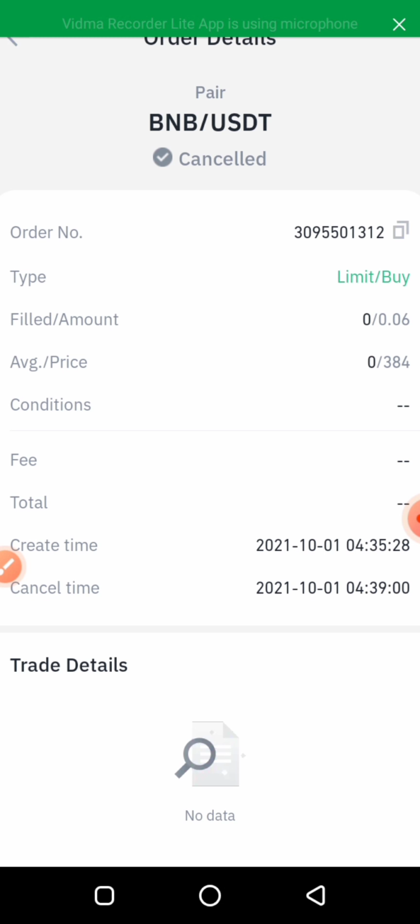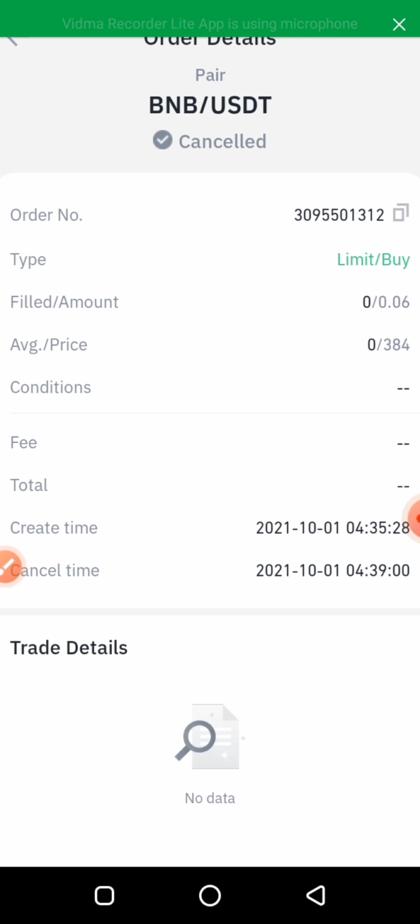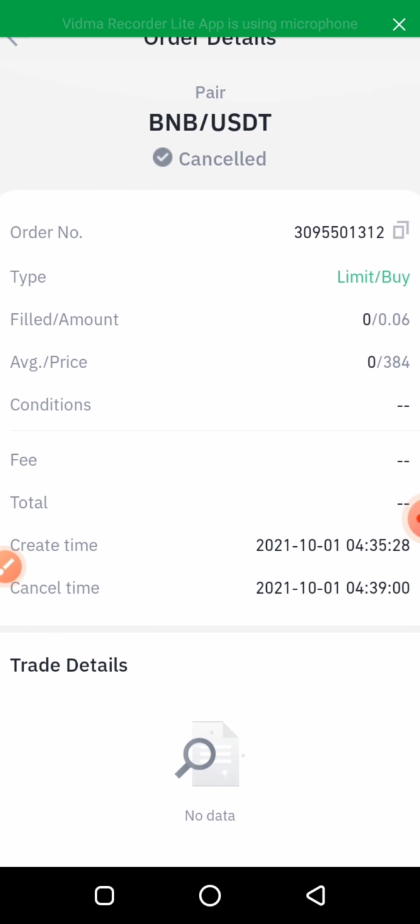Order number, type of the order, limit to buy, filled amounts, average price 384. This average price was the price of BNB when you filled that order. Now, this is a breakdown, or the summary rather, fee total.